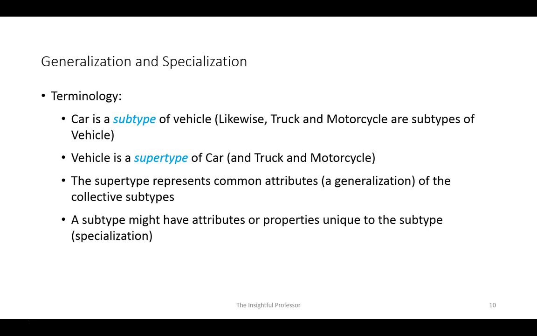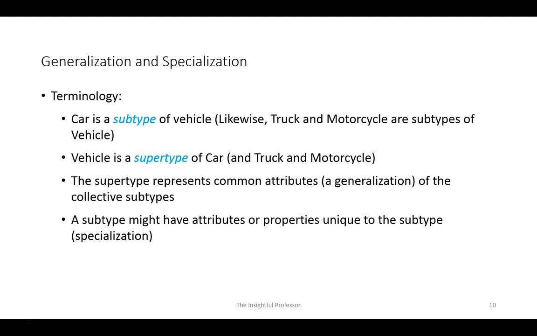Note that a car, or a truck, or a motorcycle might each have some attribute or attributes that are unique to that particular type of vehicle. So they're not shared by all vehicles. Those attributes would be associated specifically with the subtype. For example, a car might have an attribute such as number of passengers. This will not apply to, say, a commercial truck.